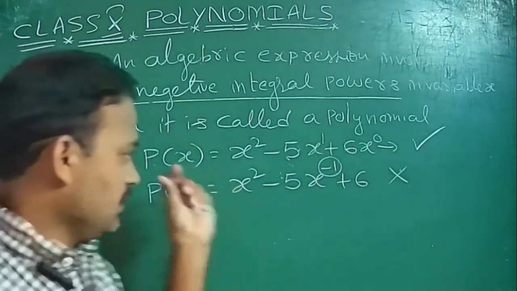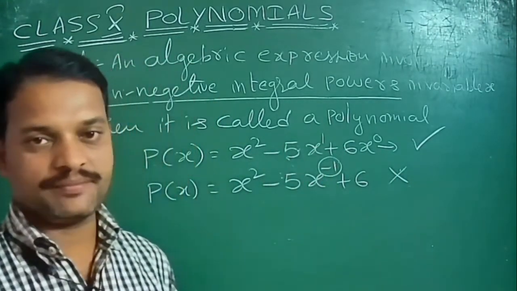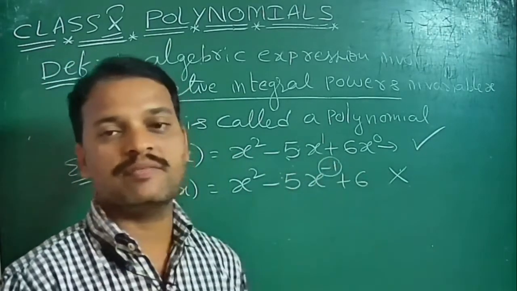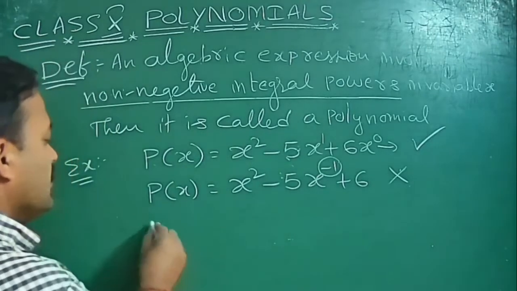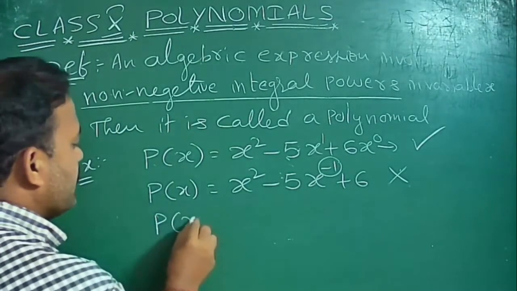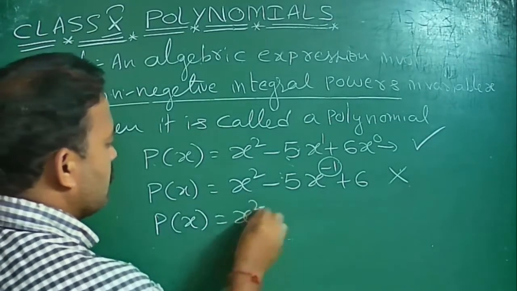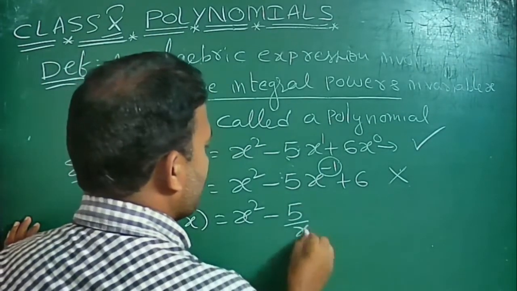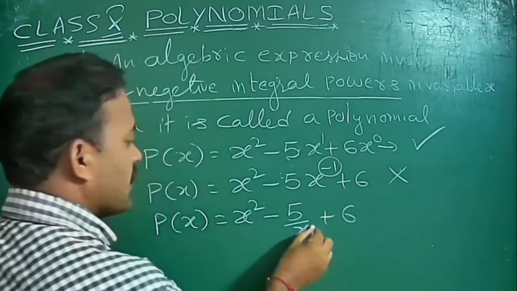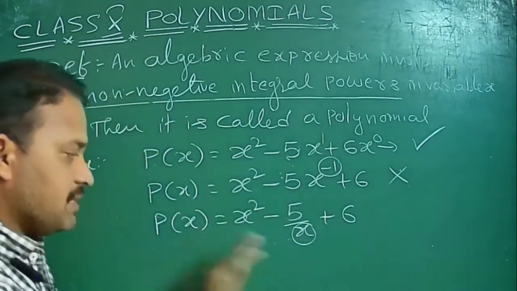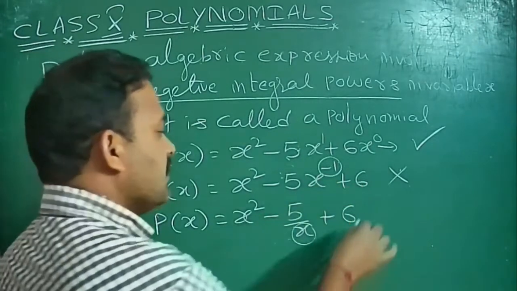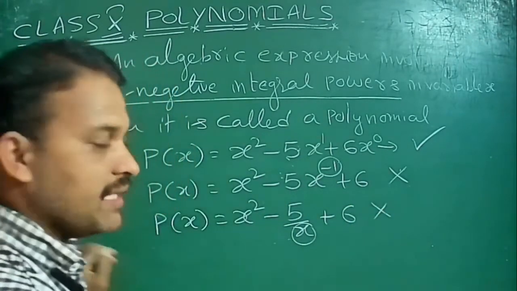Similarly, p of x equals x square minus 5 by x plus 6. The variable is in the denominator, so if you take it to the numerator you get x power of minus 1. So this case is also not a polynomial.